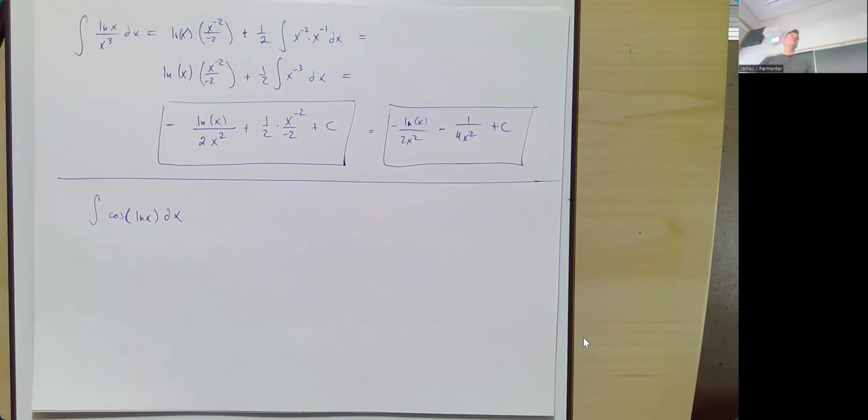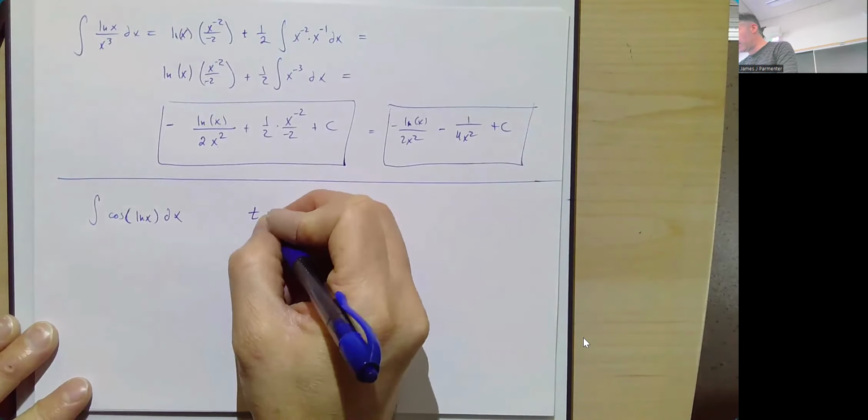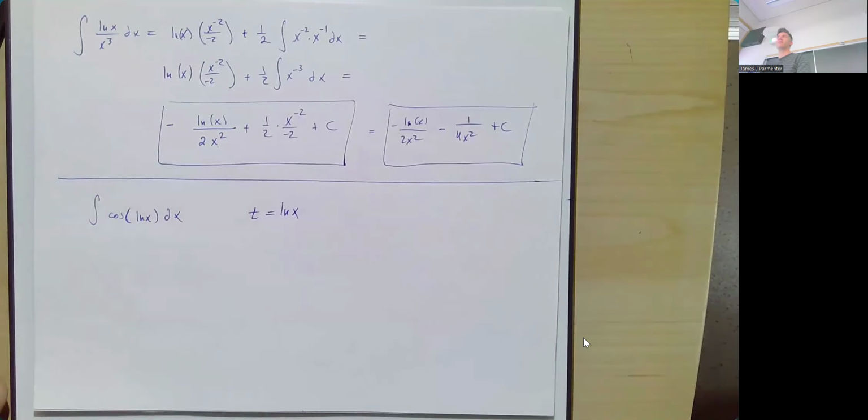I'm going to do something kind of annoying in that I know what's going to happen already. I would really prefer not to use the letter u if I'm going to have to do integration by parts after this. So I'm going to do a u sub, but I'm going to choose the letter t. I'm going to let t equal the natural log of x.